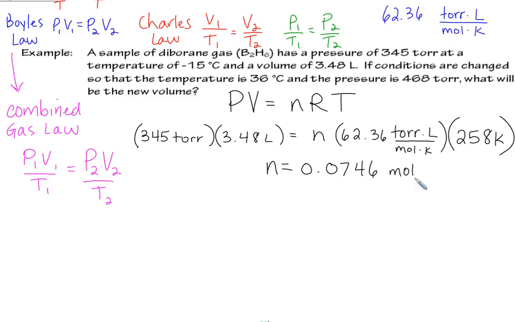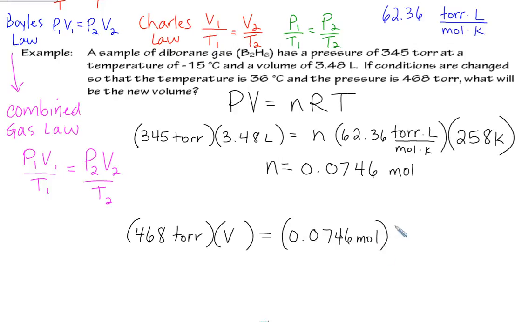Okay, so if I know the amount of moles, and now I'm just going to change the conditions, we could just set up PV=nRT a second time. So the second PV=nRT, I've increased the pressure, 468 torr. I want to know the new volume, so I'll leave V as my variable. Now I know the moles, so I can say 0.0746 moles.